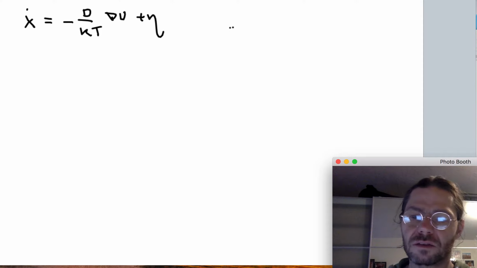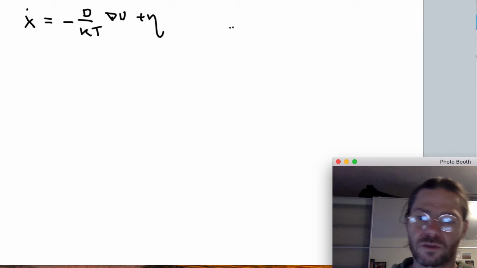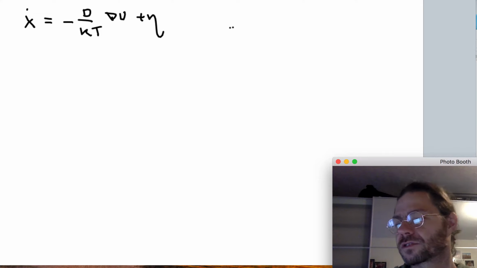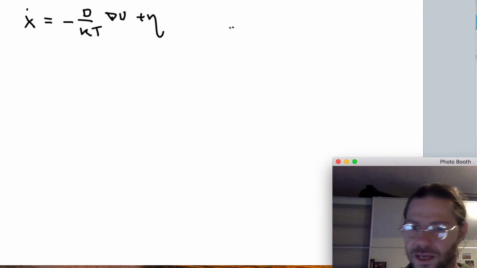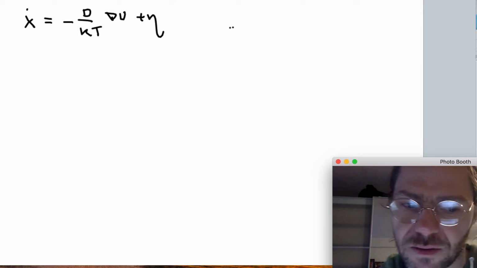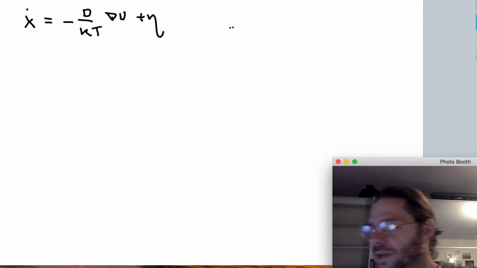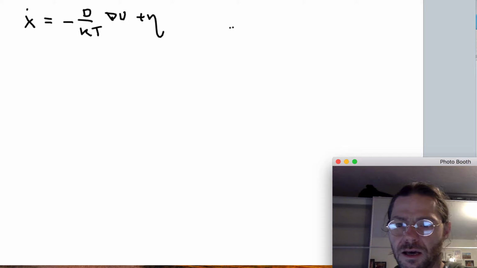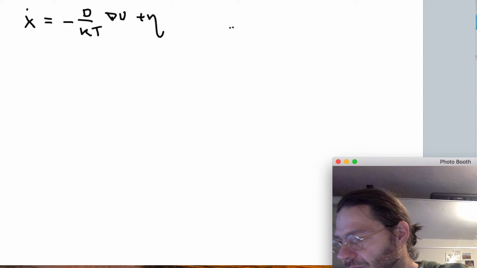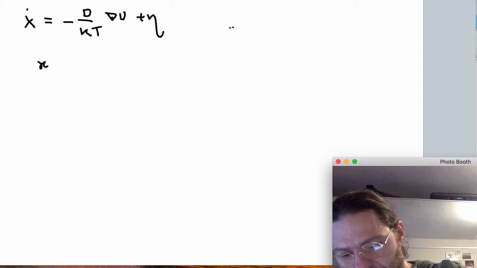Without being too general, and considering the general case in which also D depends on the position, which will generate several complications, let's stick to the minimum basis and let's provide explicitly two ways in which you can give a meaning to this equation. One is the Ito rule that we already discussed, and I will rewrite it here in the following way.